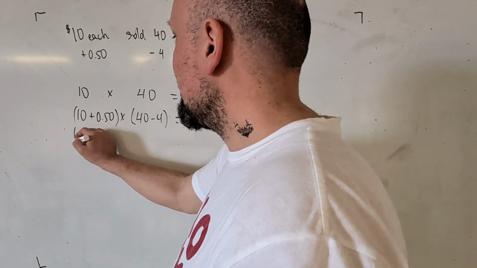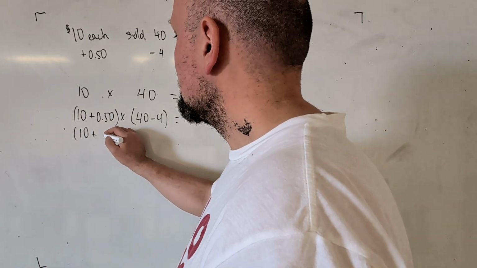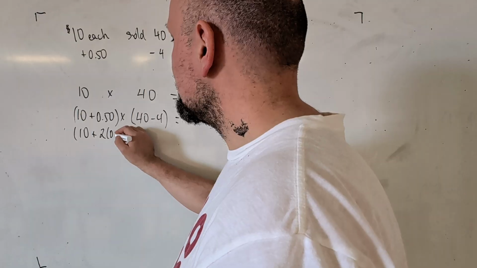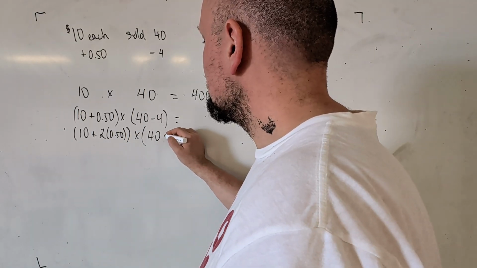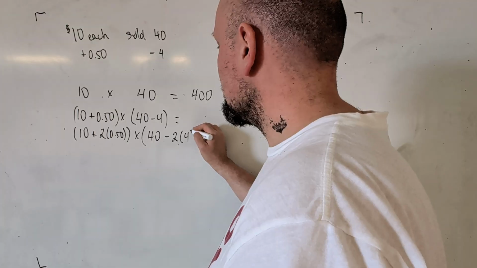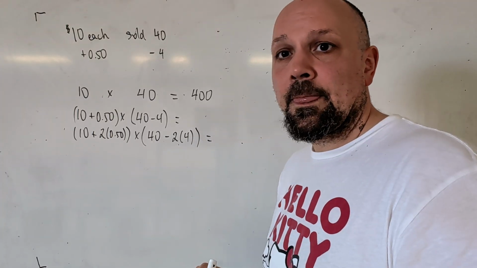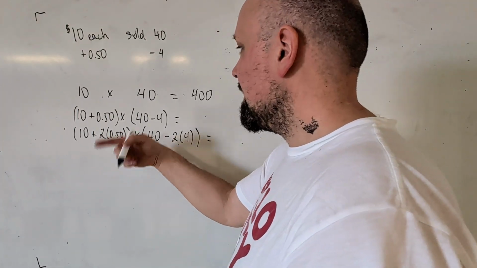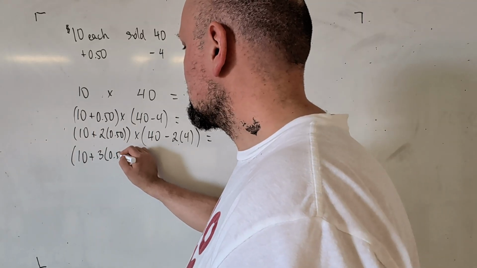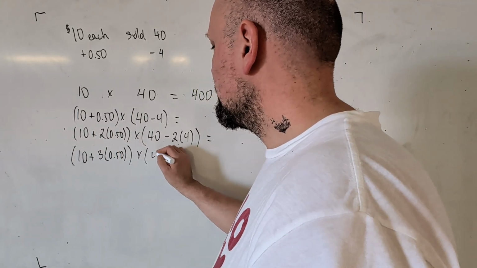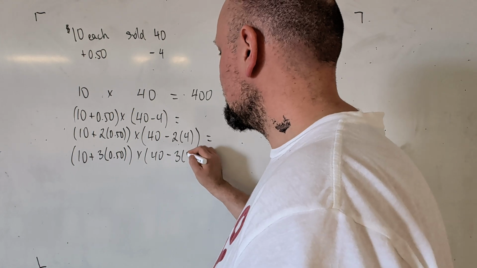If they increase it again, so 2 times 50 cents, they'll lose 2 times 4 customers. If they increase it again, they'll lose 3 times 4 customers.